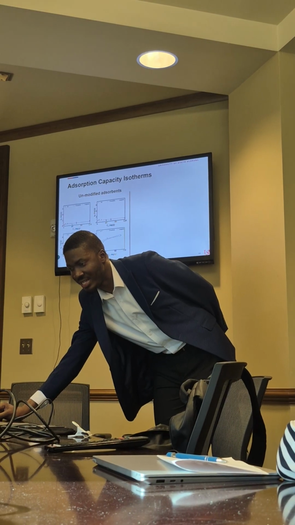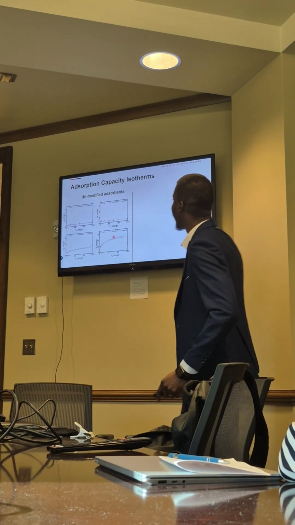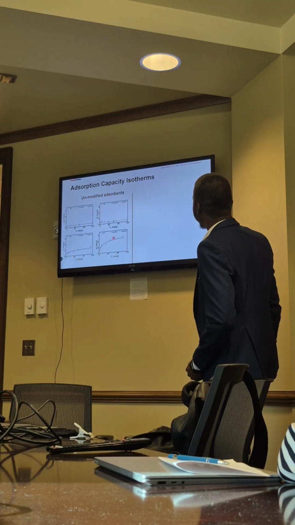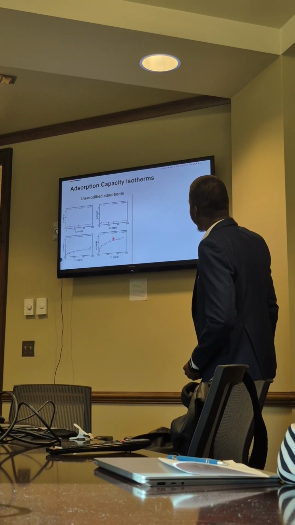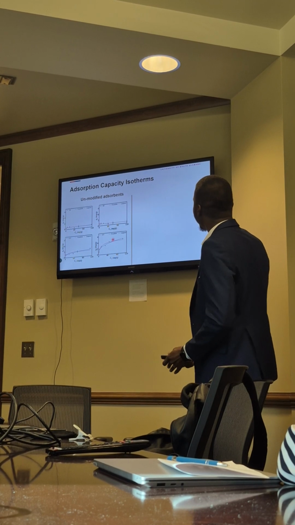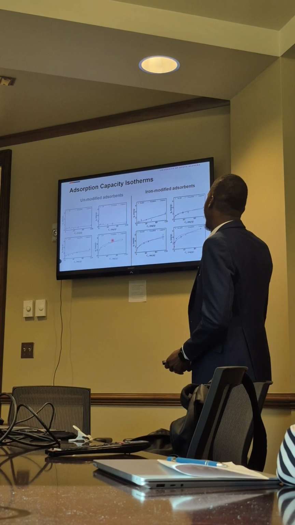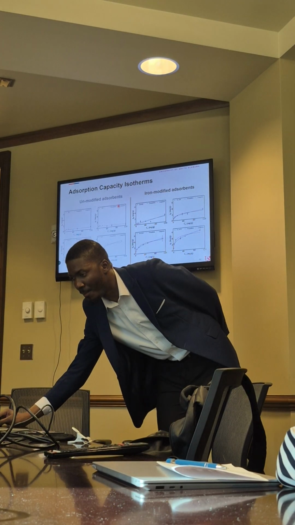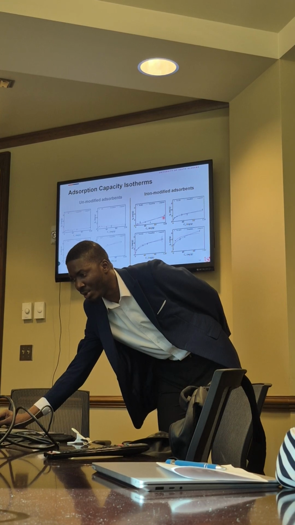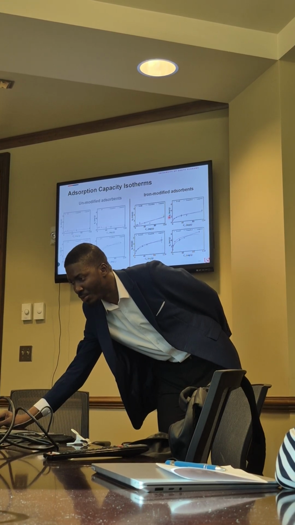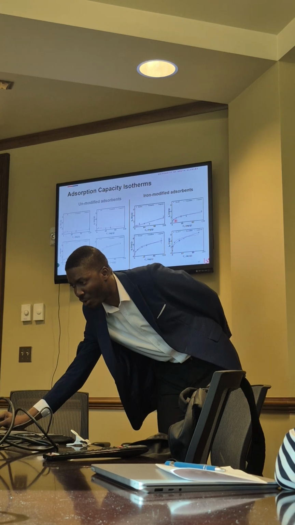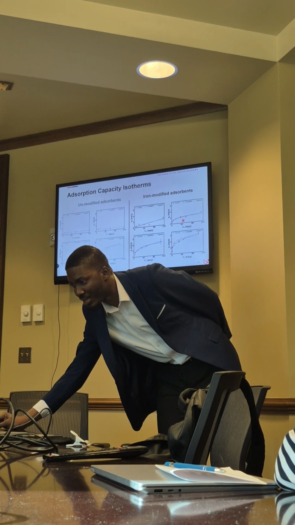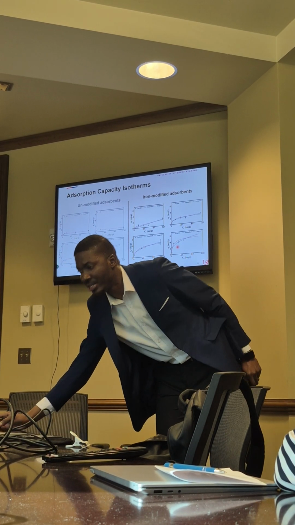However, for GAC and ACF, we're trying to find out which model best fits, but it seems like they were all close. And for our iron modified adsorbents, we can see that Fe-biochar had both models overlapping. We also had a similar thing for Fe-AB as well as GAC and ACF.